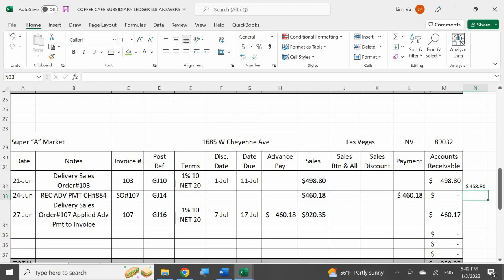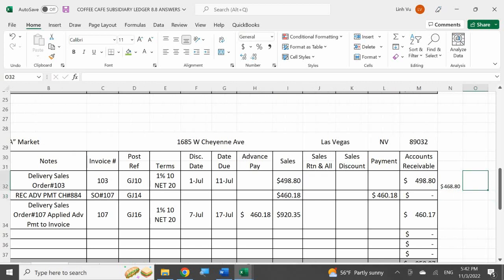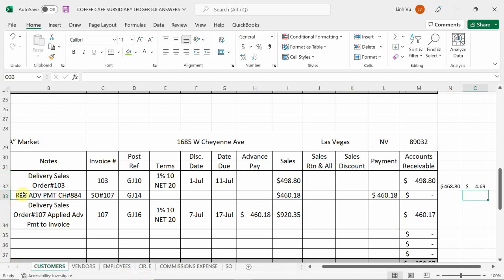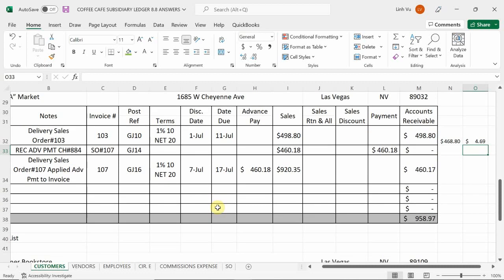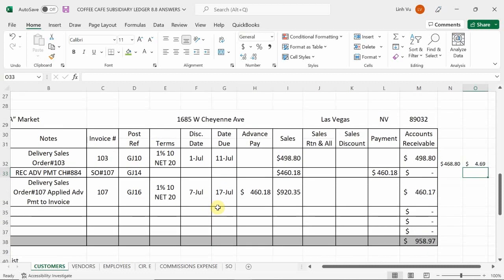Since we get to give them a 1% discount on that one, this one's going to equal $4.69. Then the second one. Now, does a prepayment decrease the amount of sales that this person has bought from us?